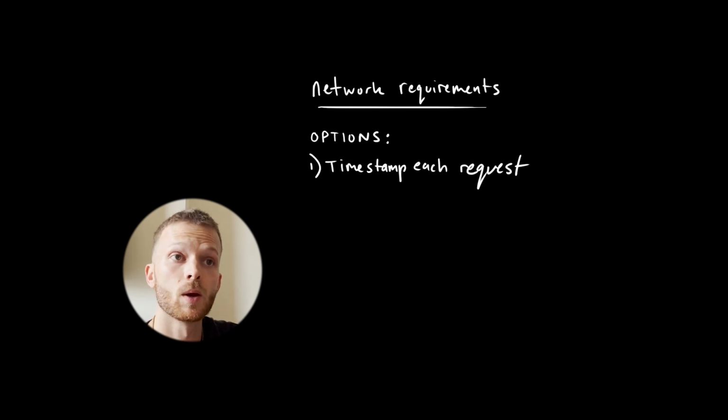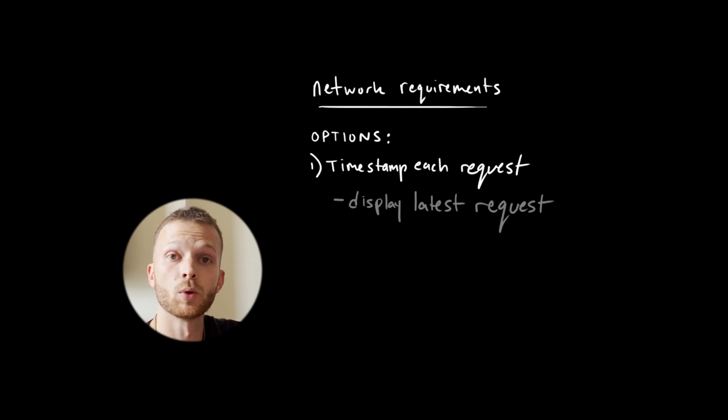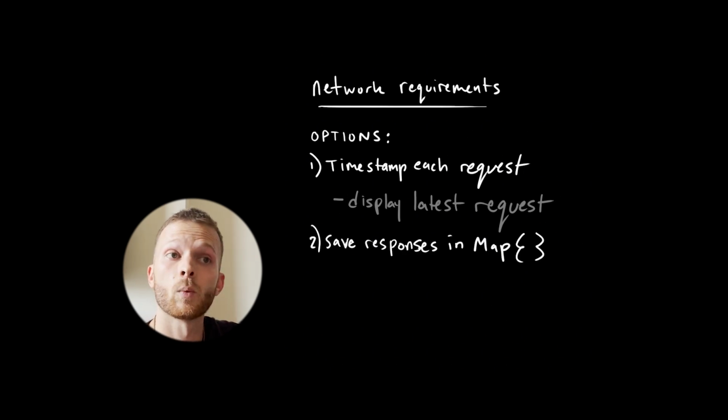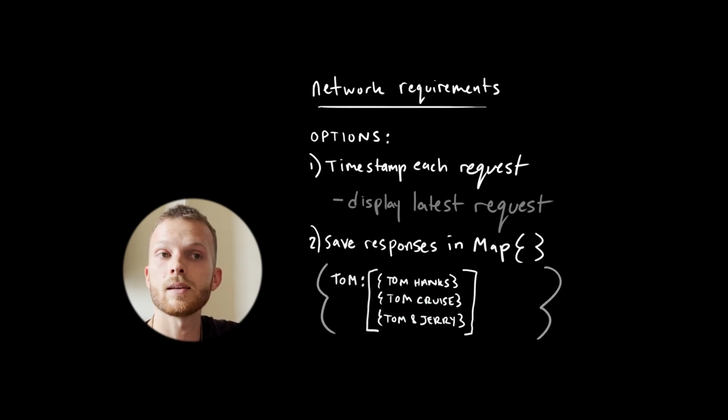We can either attach a timestamp to each request and then only display the result of the latest request, not the latest response. Remember, the important thing here is that the latest outgoing request will have the most relevant, freshest data. Or we can save the results of the request in some sort of map structure with the search query string as the key and only present the results corresponding to that input value.